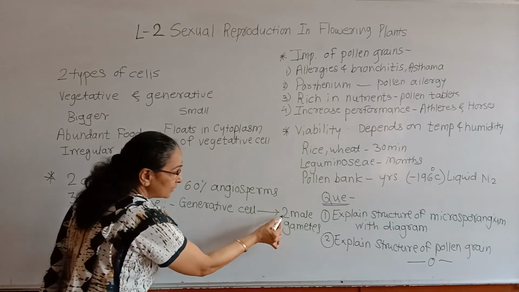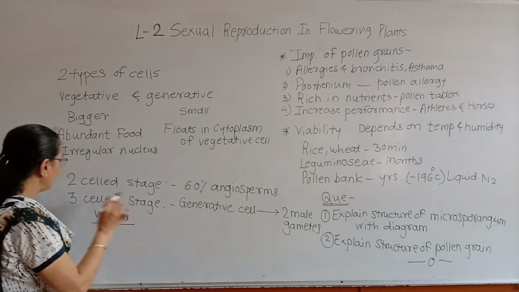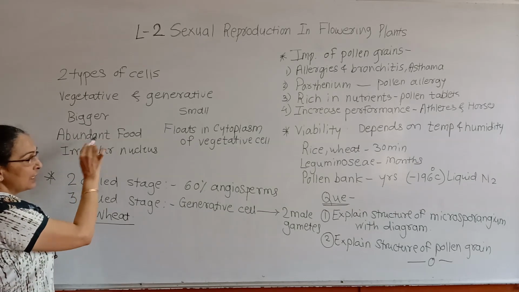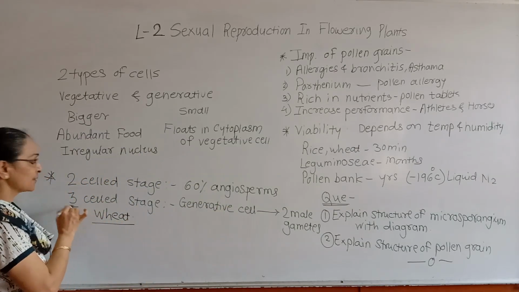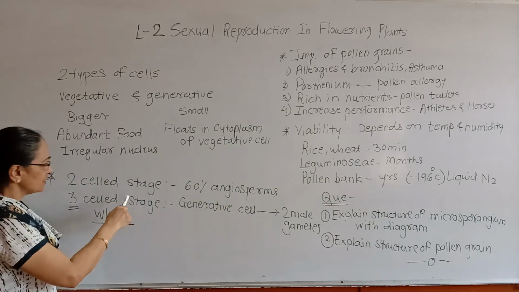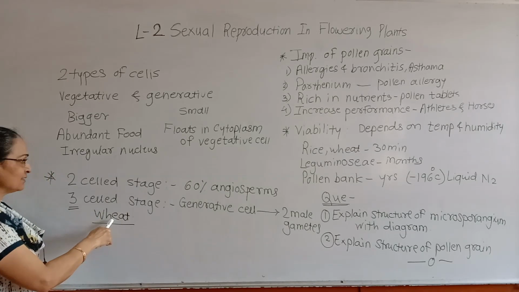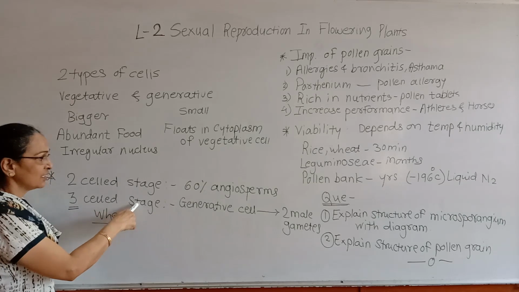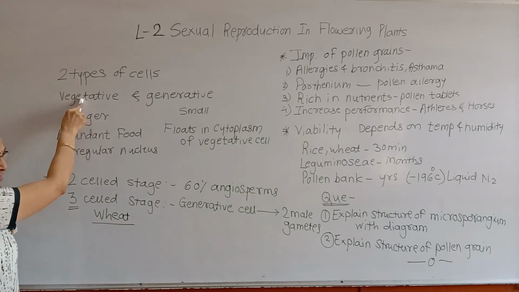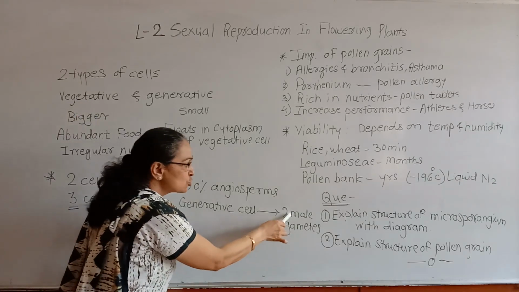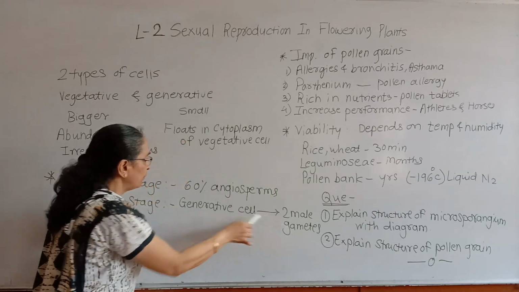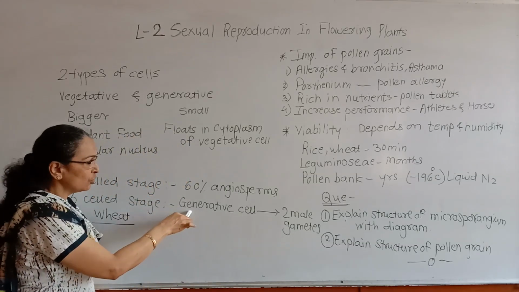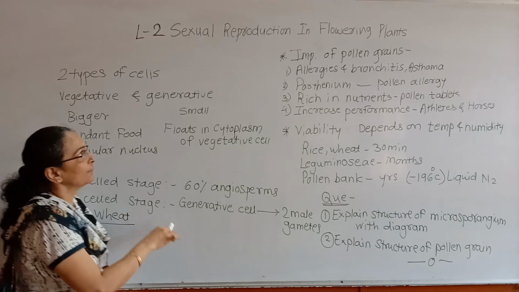So in total, these two male gametes and one vegetative cell make 3 cells. So plants like wheat shed the pollen grains at 3 cell stage, which contain one vegetative cell and two male gametes obtained by the division of the generative cell.